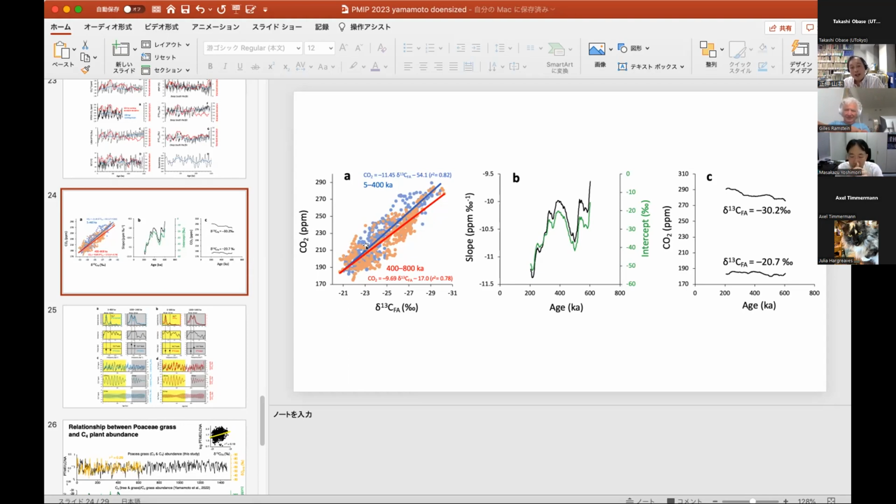But our proxy record indicates that the temperature range and precipitation range is almost the same as during the last 800,000 years. So I think this encourages us to apply our calibration obtained during the last 800,000 years to the older period. This is my answer.